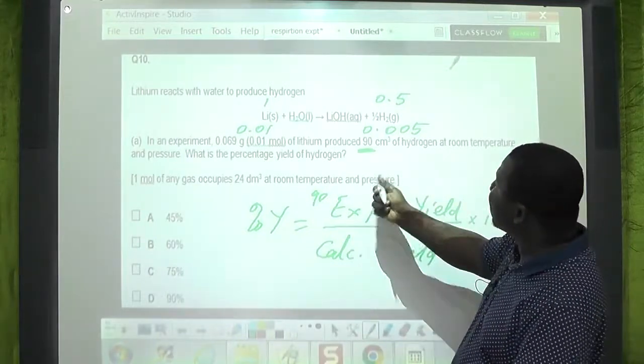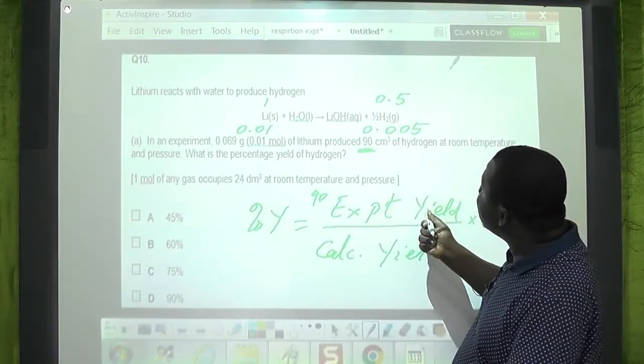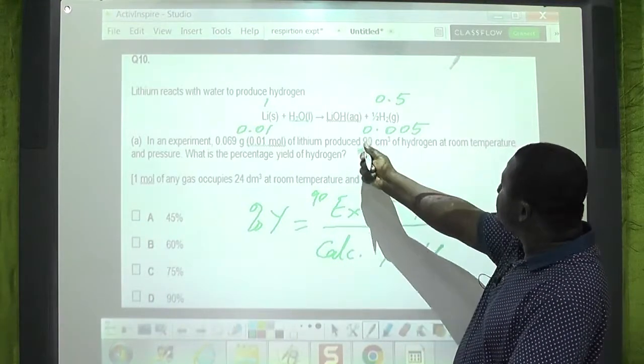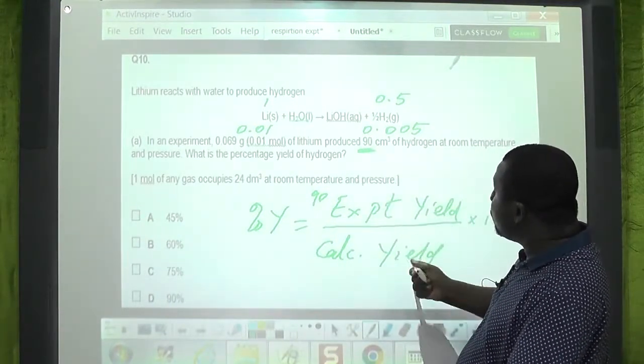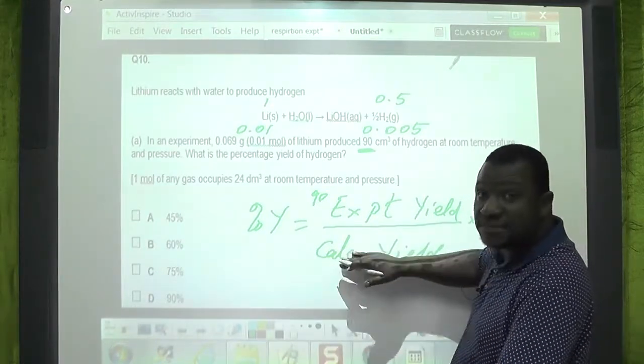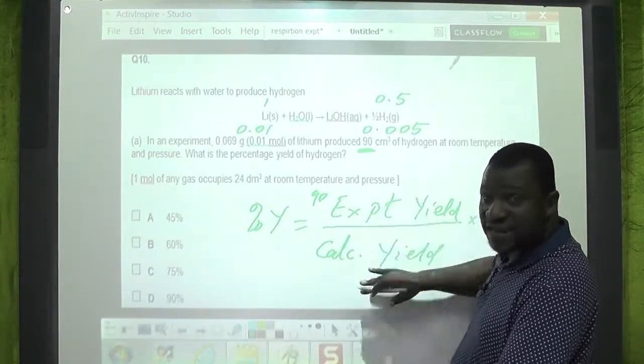Now we want to get the amount of volume. This is the amount of volume from the experiment. What is the volume we are actually expecting? Some people will say expected yield, real and expected.